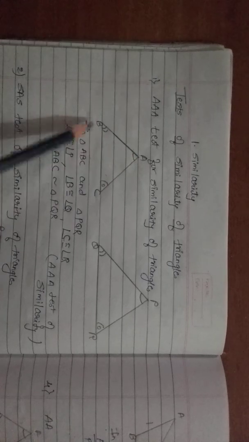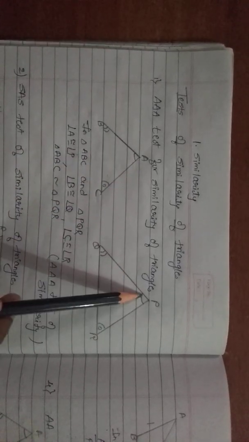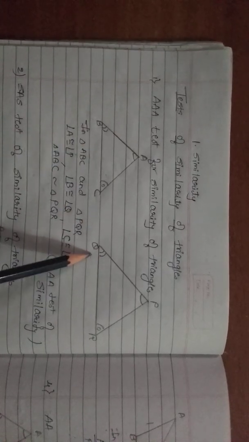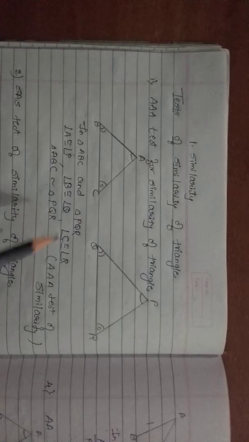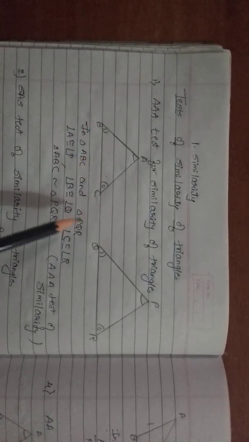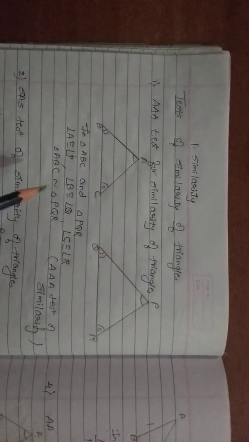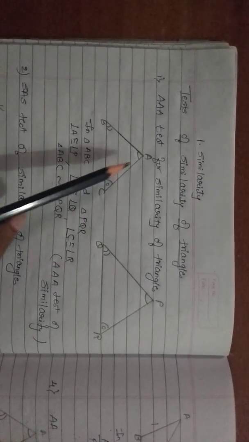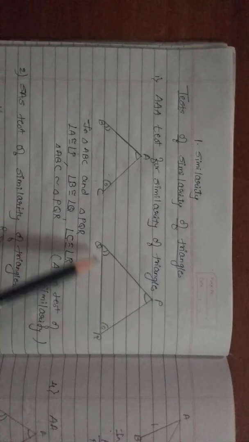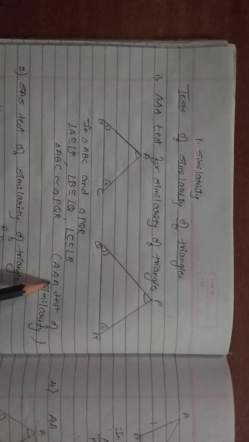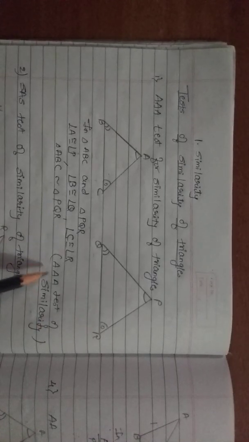You can see two triangles ABC and PQR, where A corresponds to P, B to Q, and C to R. In triangles ABC and PQR, angle A is congruent to angle P, B to Q, and angle C to R. So if all three pairs of angles are congruent, we can say that triangle ABC is similar to triangle PQR by the AAA test of similarity.